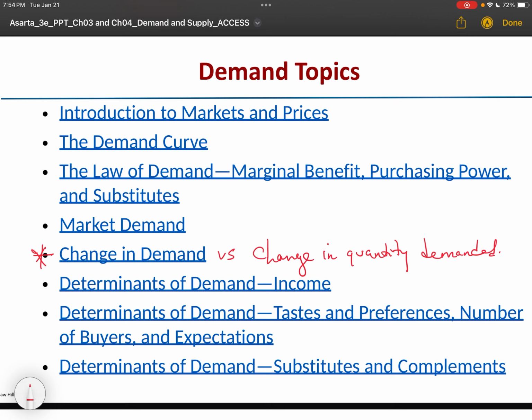After that, we are going to see some factors that influence the demand curve. Income, taste and preferences, number of buyers, expectations, and prices of substitutes and complement goods. These all affect how the entire demand curve will behave. Okay, so yeah, let's jump in.